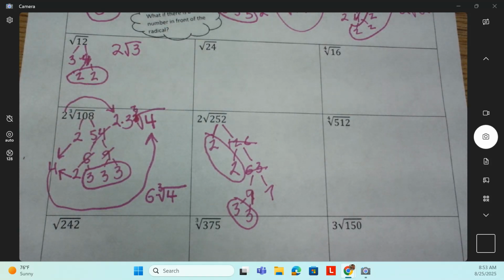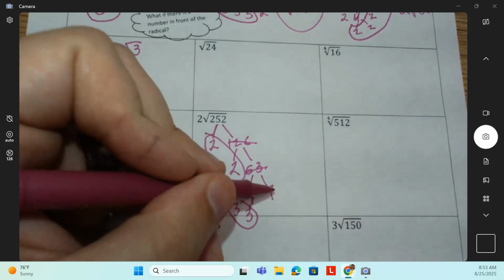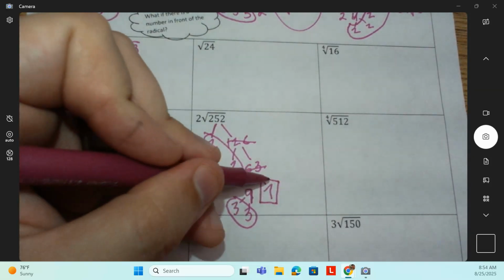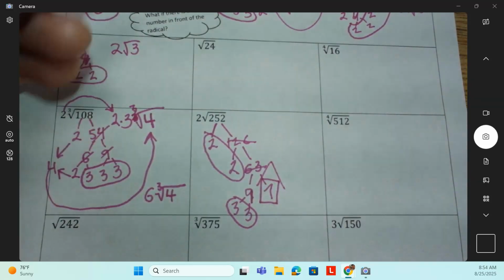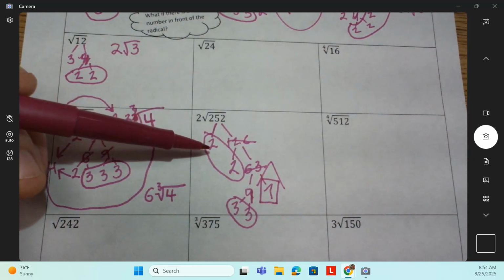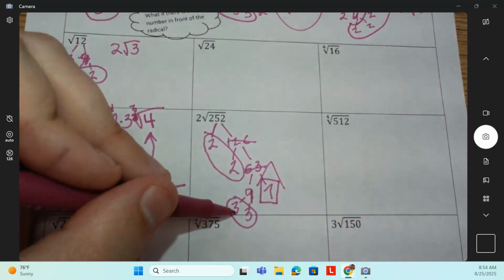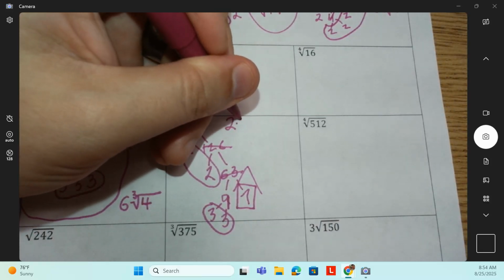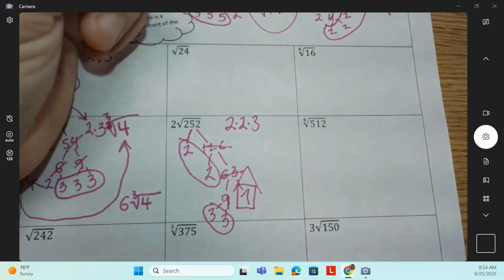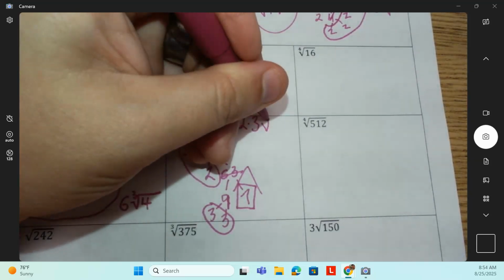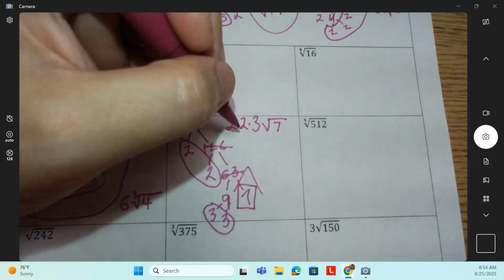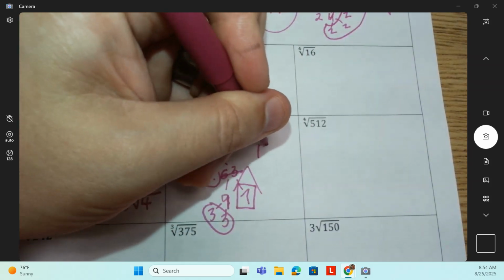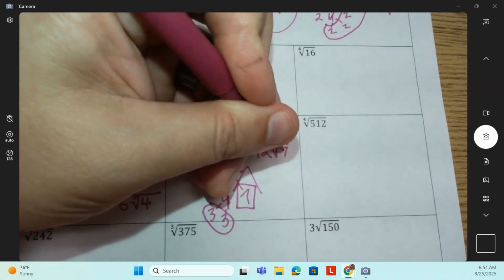If you need more ways to organize, if I circle these, sometimes I will box the ones that go back inside the house, because it's a box, it looks like a house, ta-da. That gives you a little reminder. So I've got a 3, a 2, and another 2 that are all going to be multiplied together. So 2 times 2 times 3 is all outside the house, and inside is just going to be a 7. So I multiply that, I get 4 times 3, which is 12, square root of 7.